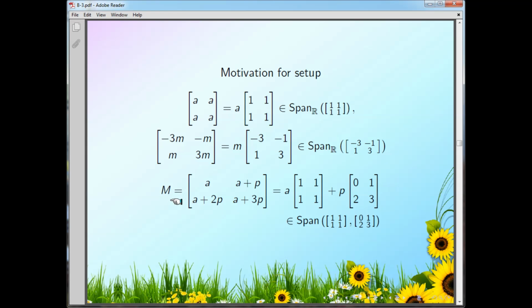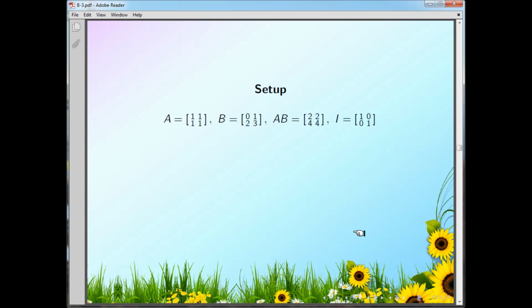Therefore, all these matrices in arithmetic progression are inside this span of dimension 2, the span of these two linearly independent vectors. So I really like this setup.